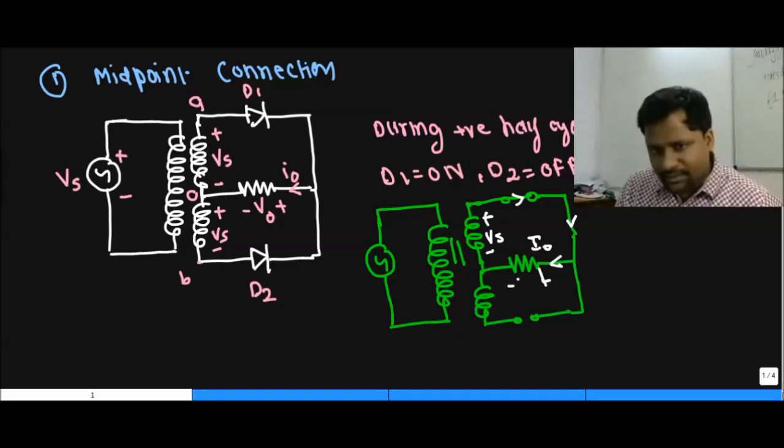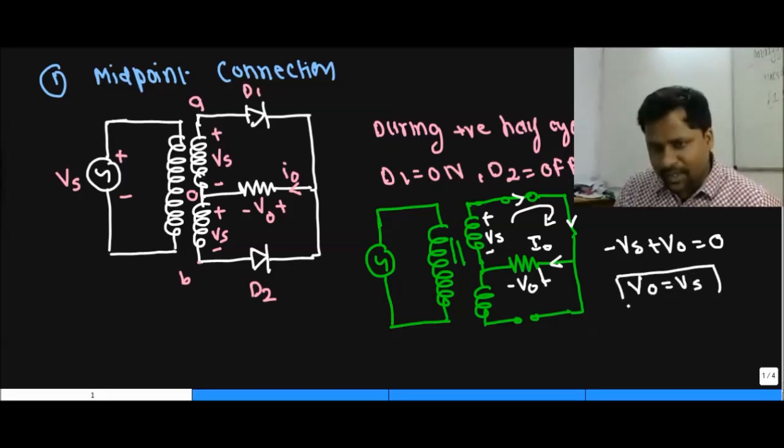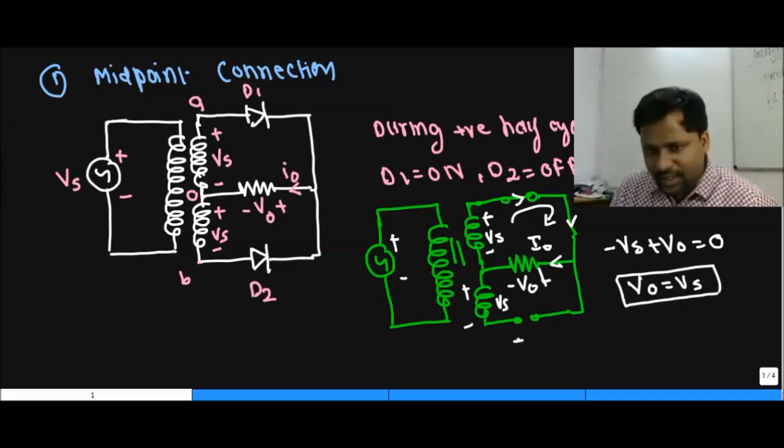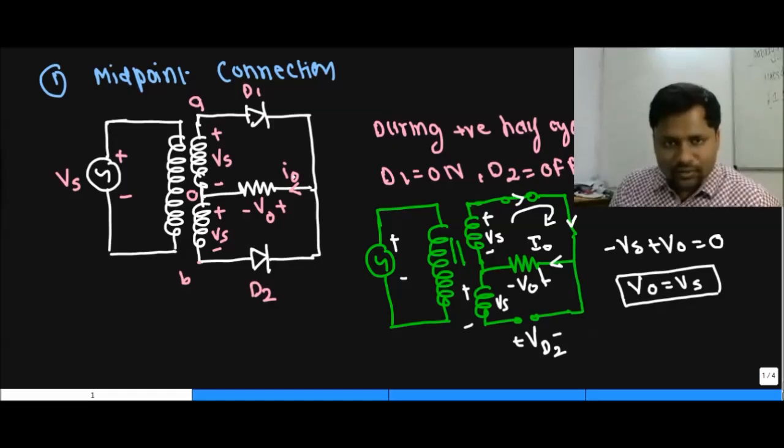If I make the KVL equation, minus Vs plus V0 equals 0. Here we can say that the output voltage equals the source voltage when diode D1 becomes on. This is the polarity of D2.